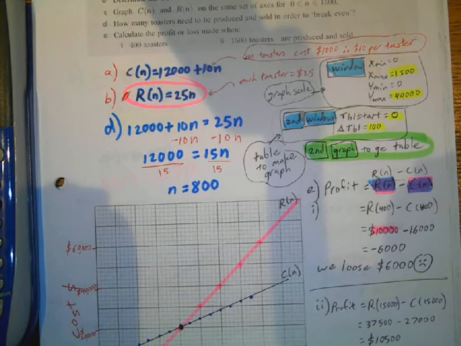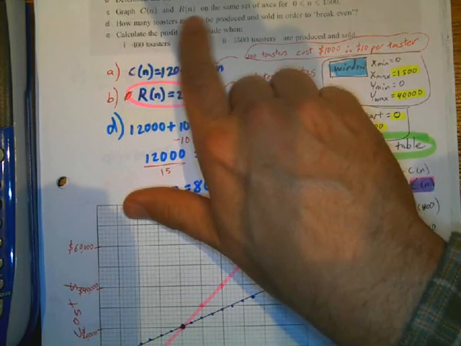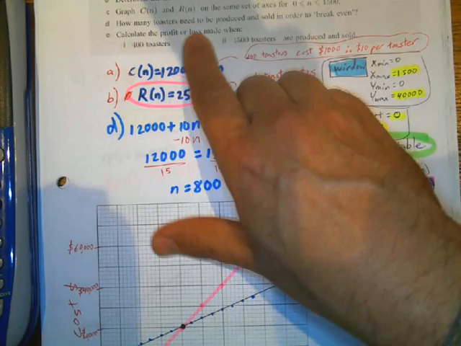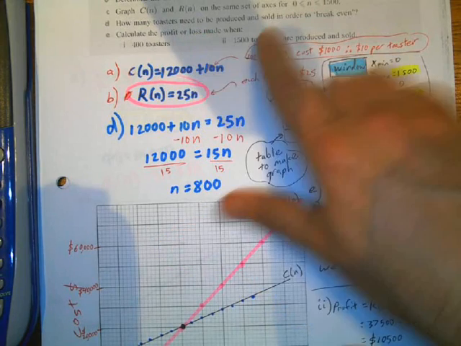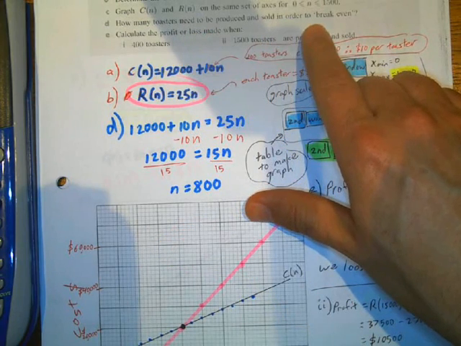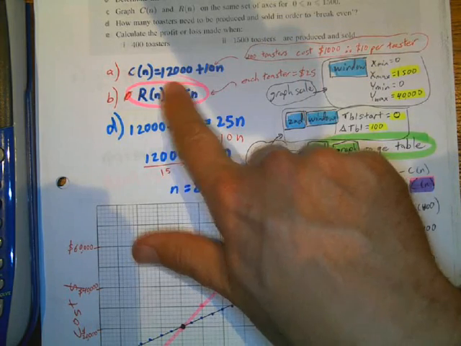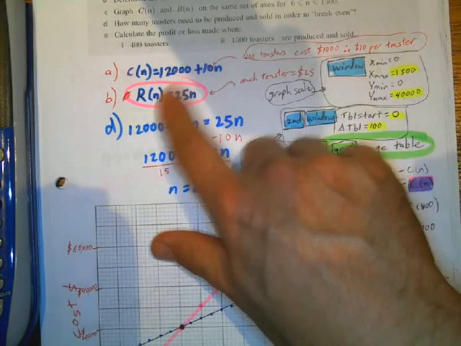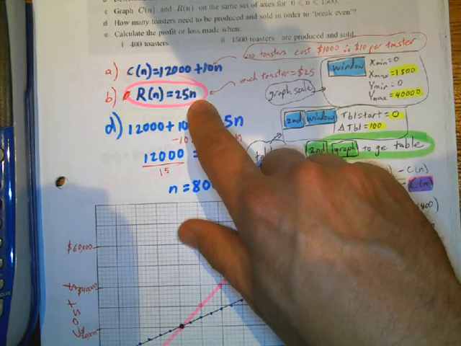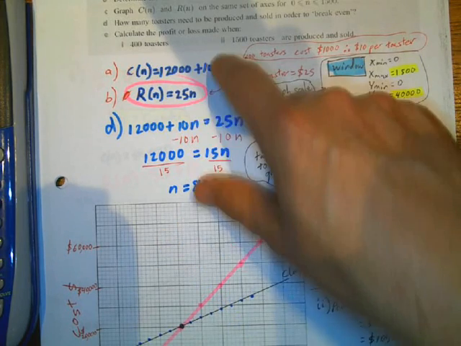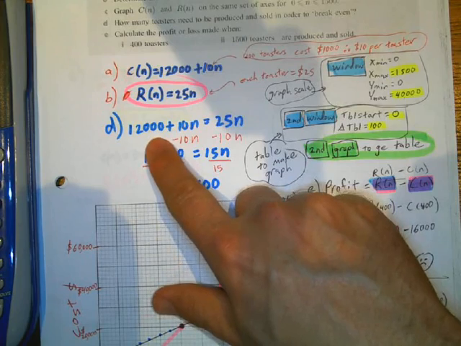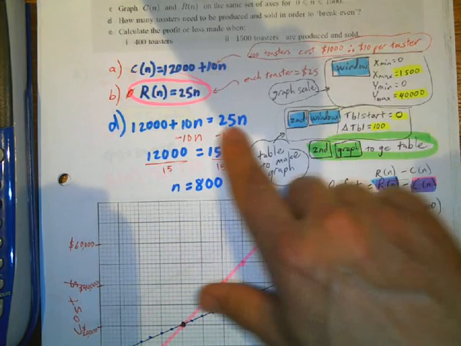Question D says, how many toasters need to be produced and sold in order to break even? Basically, when this function and this function are equal is when it's break even. So I made these two functions equal to each other: 12,000 plus 10n equals 25n.